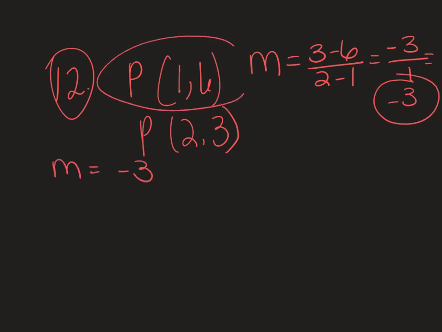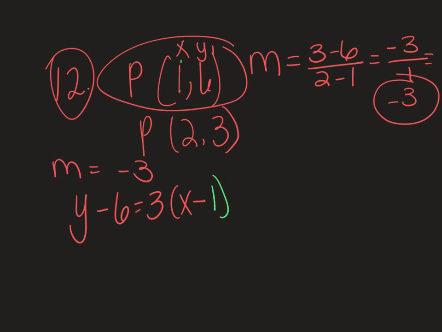Okay, we're going to be using the top x1, y1. So y minus 6 equals your slope, negative 3, times x minus, oops, let me back up here. It'd be x minus 1, because this is your x1 and your y1. Now, let's use our distributive property.